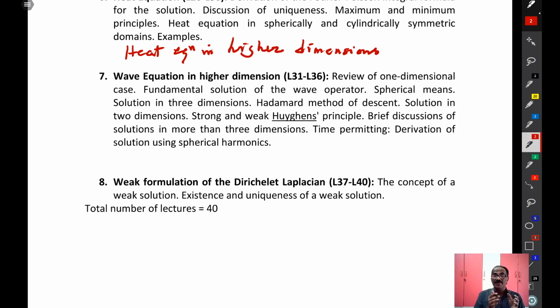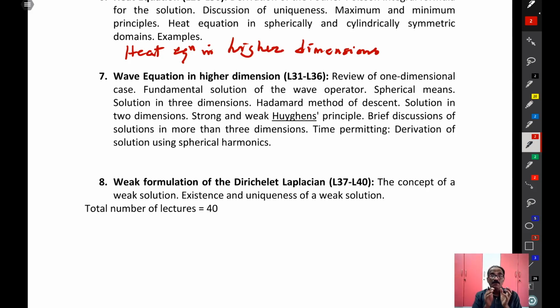And after doing that, you will descend, using Hadamard's method of descent, to study the solution in 2 dimensions. So basically you understand the 2-dimensional equation as an equation in 3 dimensions, write the solution obtained in 3 dimensions, and using projections you bring it to 2 dimensions.